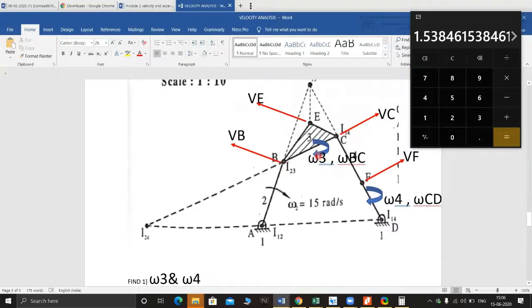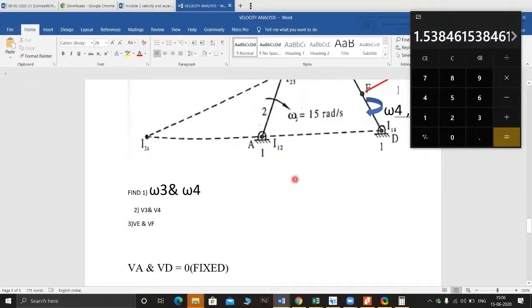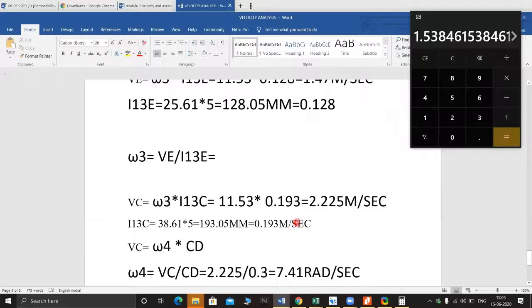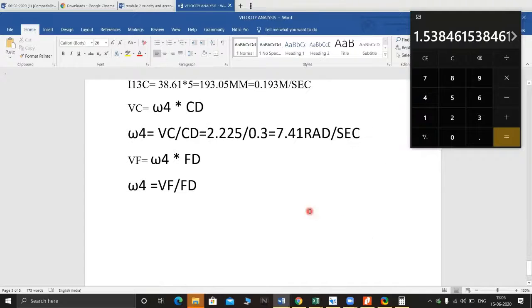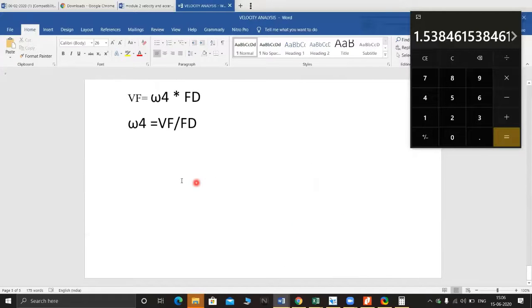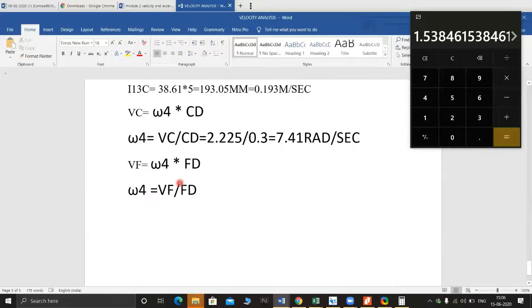Link number 3 is nothing but VBC, or we can call it V3, with respect to link number 3.